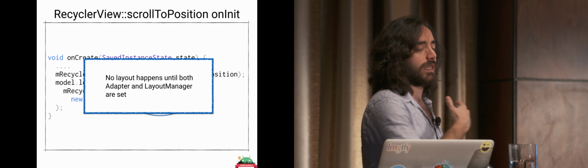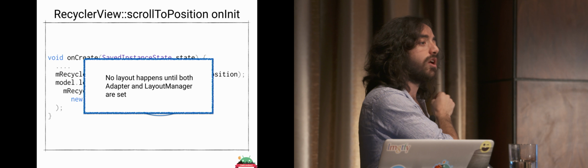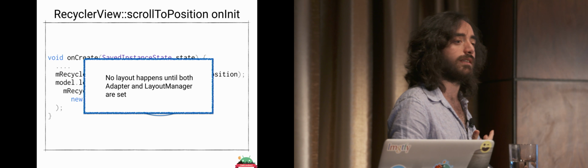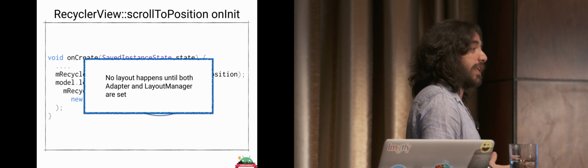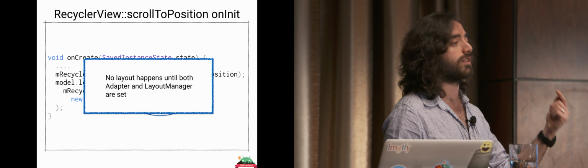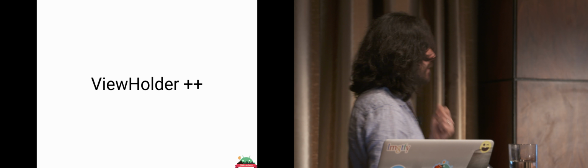This is very useful because, again, in the same example, things like saved instance state give us some information like the latest scroll position instantly, but the data comes asynchronously. So as long as you don't initialize it, which means you don't set an adapter or layout manager, everything else will work just fine. As soon as you set the adapter, we will reuse that pending scroll position, or all of the pending information we had about the RecyclerView.